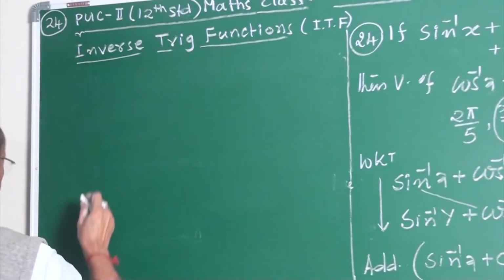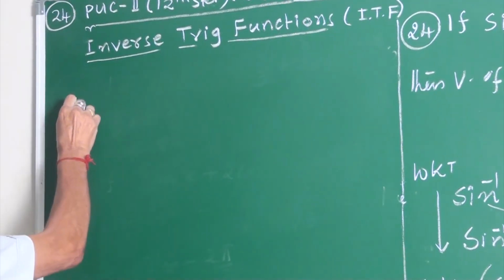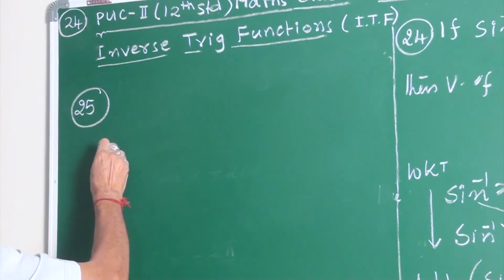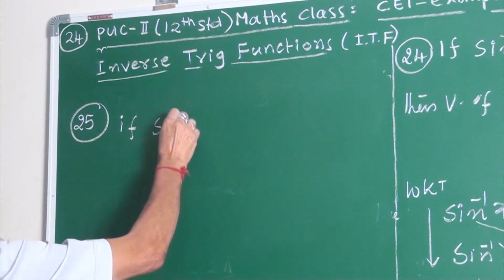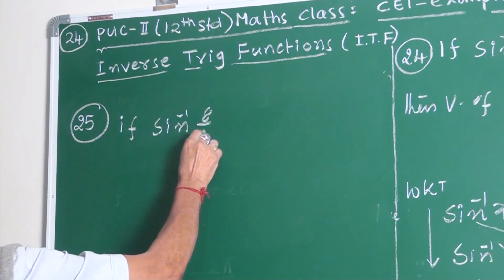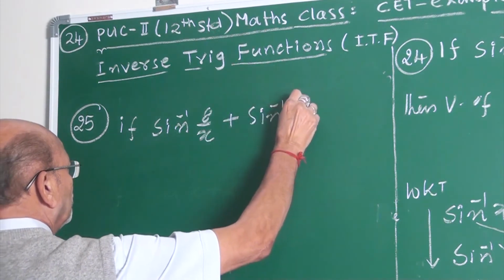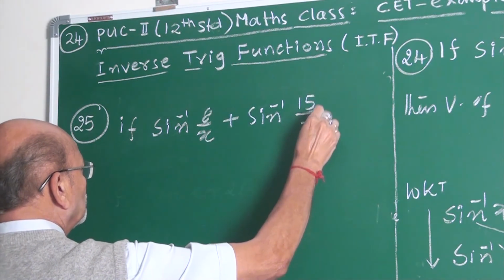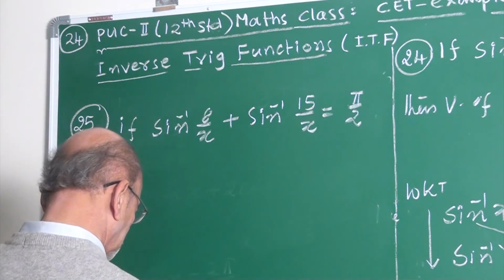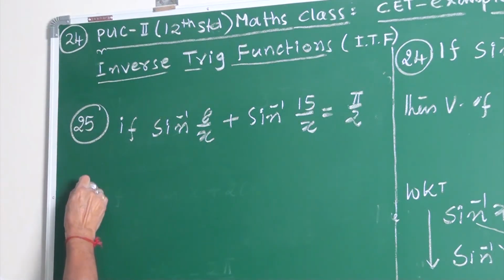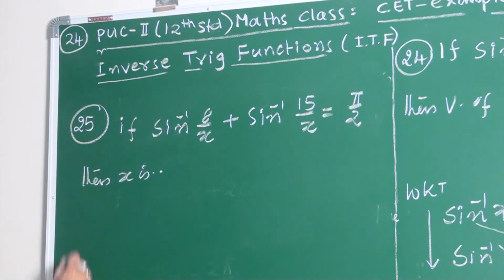If sin inverse 8 by x plus sin inverse 15 by x equals pi by 2, then the value of x is dash.